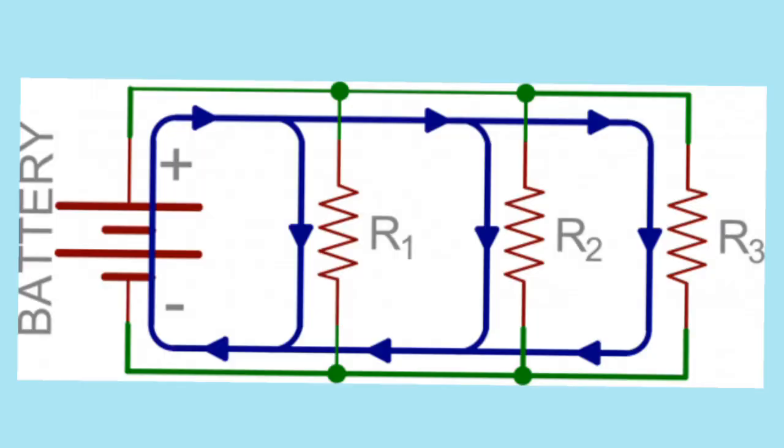And then what are parallel circuits? For parallel circuits, if components share two common nodes, they are in parallel. Here's an example schematic of three resistors in parallel with a battery. From the positive battery terminal, current flows to R1 and R2 and R3.